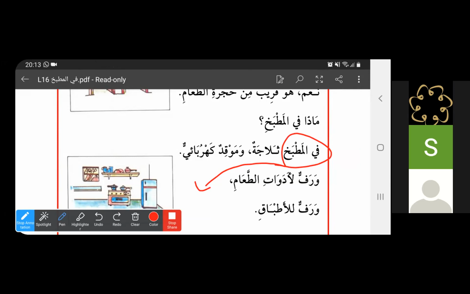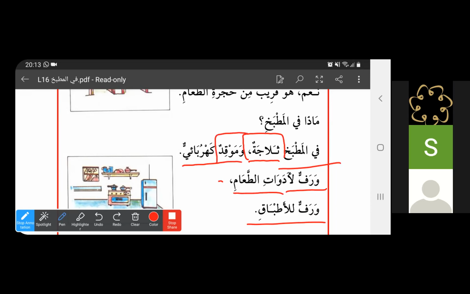All right. Similarly here, في المطبخ ثلاجة وموقد كهربائي ورف لأدوات الطعام ورف للأطباق. So remember this rule. When you have so many things to mention with wa, يعني and. For example, you want to say I went to these places. ذهبت إلى, then mention the places.